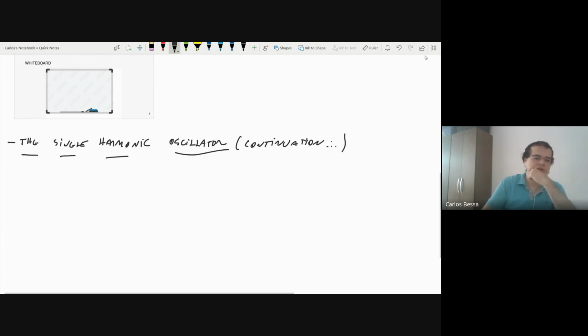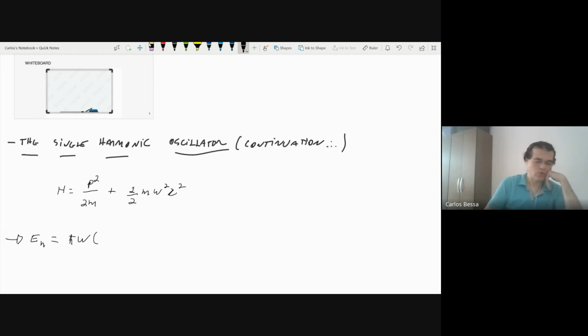So I stop here. I found the energy for the harmonic oscillator. We use this Hamiltonian: p square plus, I think it was, x square. This is the Hamiltonian that we were considering, the kinetic part and this is the potential part. And we find the energy associated.